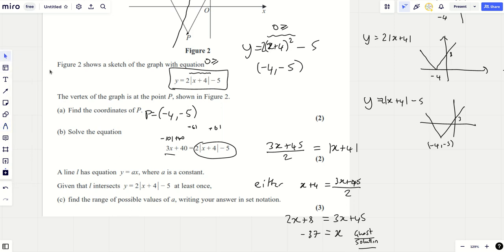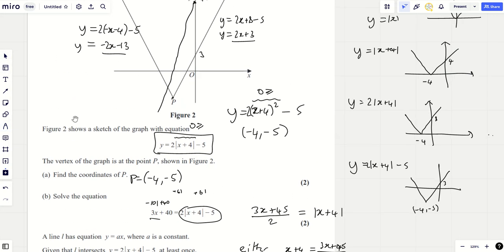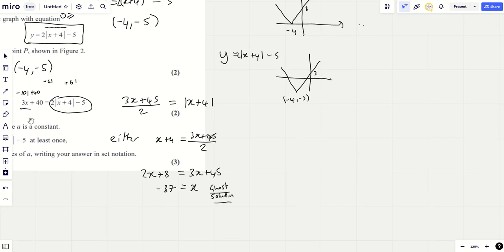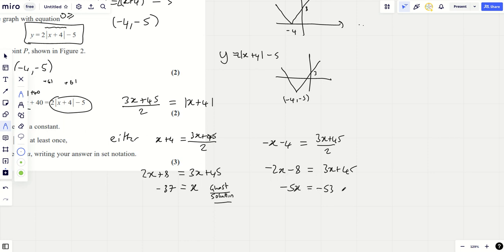Well, if you look at the graph, you can see why it's happened. It's only going to hit one of these lines, and it's actually the other one which it hits. So you've got to make this negative: minus x minus 4 equals 3x plus 45 over 2. I think they've done this on purpose. So you get minus 2x minus 8 is 3x plus 45. And so we're going to get now minus 5x on this side and 53 on this side.